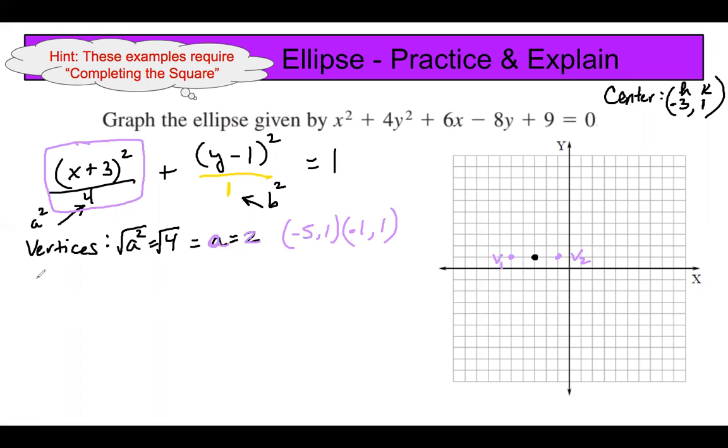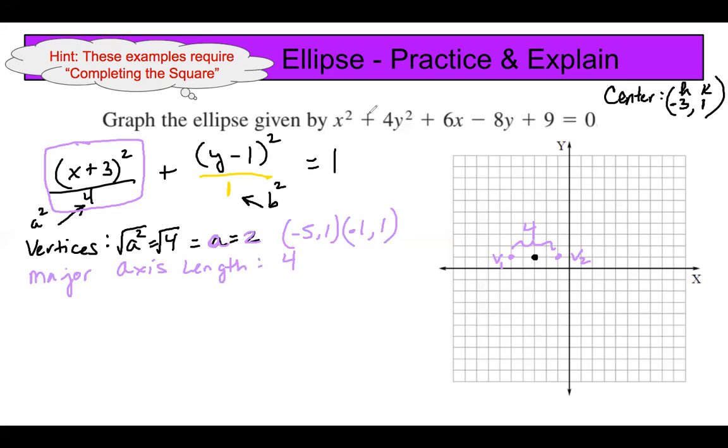We could also say that the major axis, okay, that's the total length, the big way that connects the vertices. The major axis length would be, since it's 2 and 2 each way from the center, a total width of 4. So the major axis here would be 4.